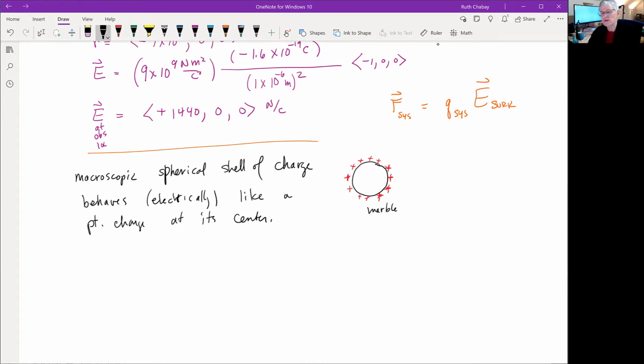This actually looks to an observer some distance away as if it was just this positive point charge located at the center of this thing. And that's convenient partly because it lets us do calculations for things other than just things that really do look like point particles, like protons and electrons.